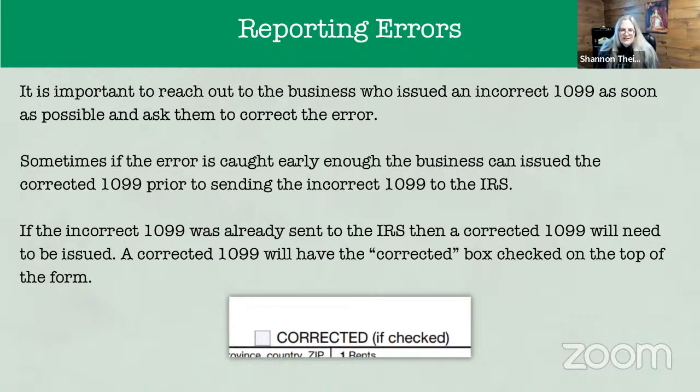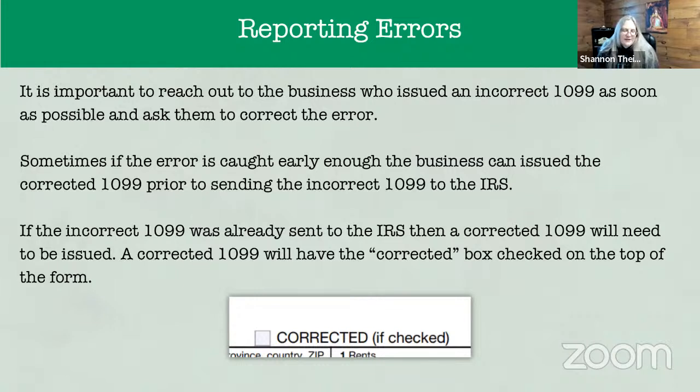But with the IRS, at the top of the 1099 form you click the box that says corrected and put the correct information on the form. If you're zeroing something out, you put a 0 in the line that originally had information reported on it.